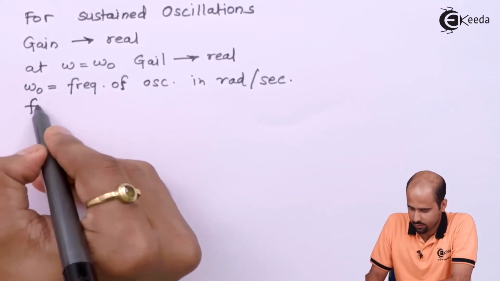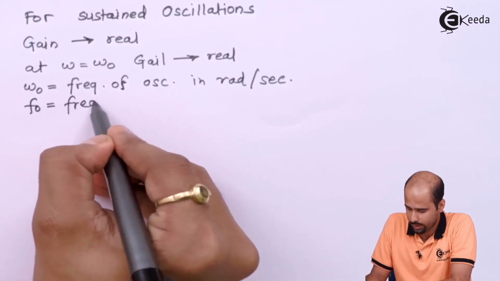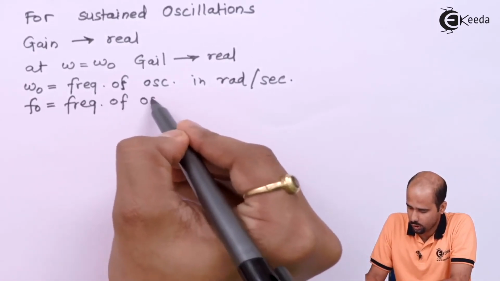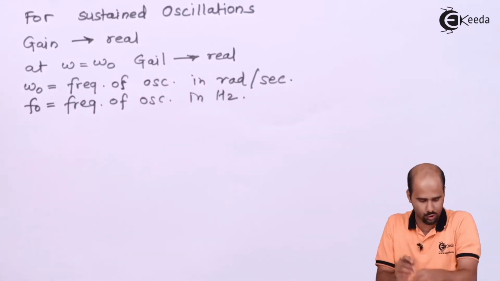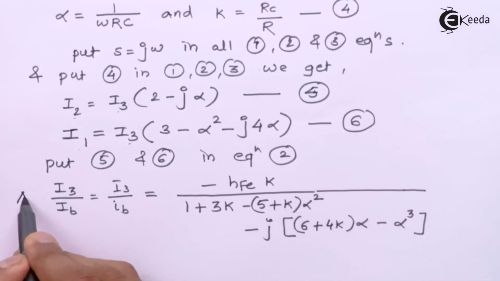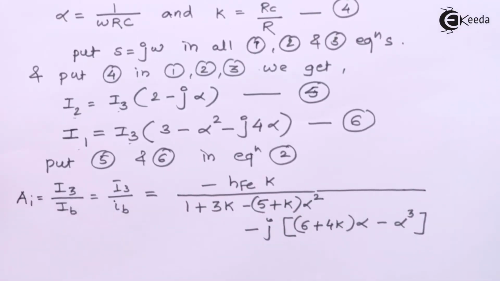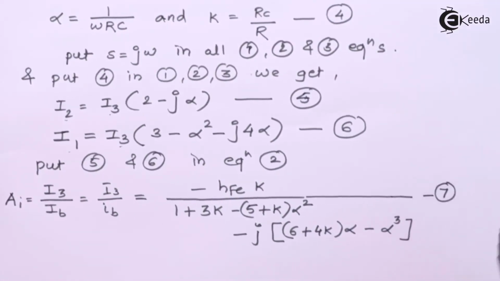If I am considering the frequency of oscillation in hertz, then that will be f0. Now whatever I have got is nothing but A. I will treat this as equation number 7.